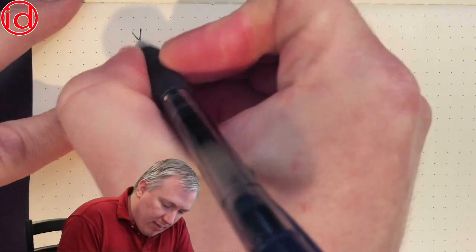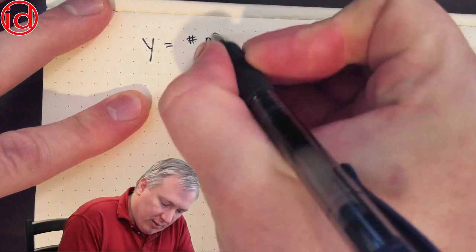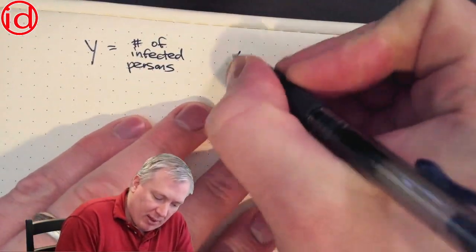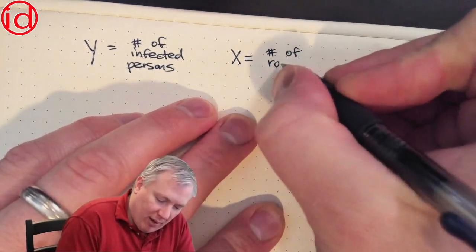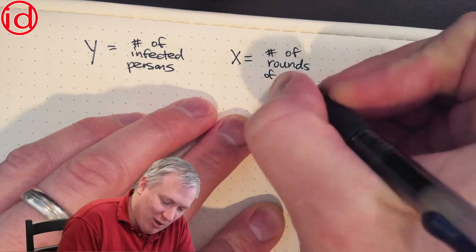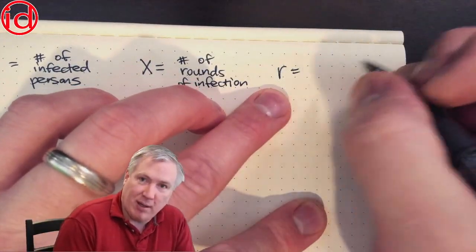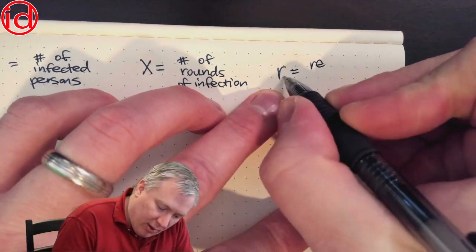Okay, first of all, last time we had a very basic start. Let's start with y being the number of infected persons, and x was being represented by the number of, I was just calling them rounds of infection. We'll actually change that today. And then r was this rate of transmission, or the reproductive number, and we called it r naught.